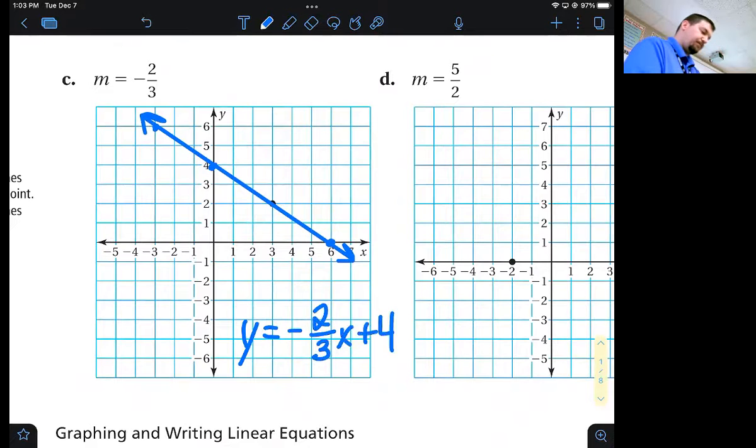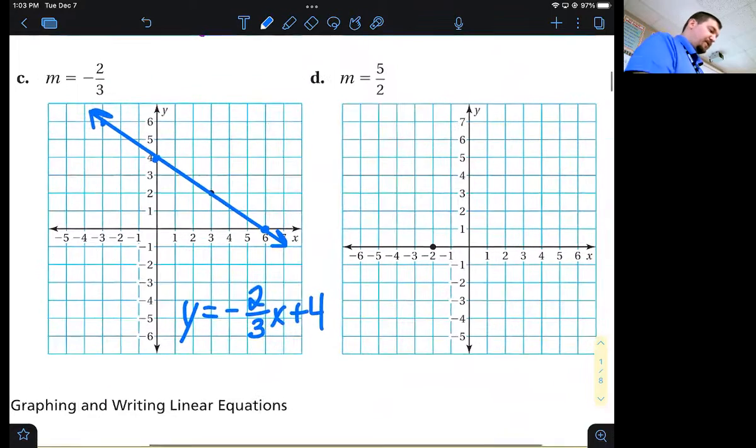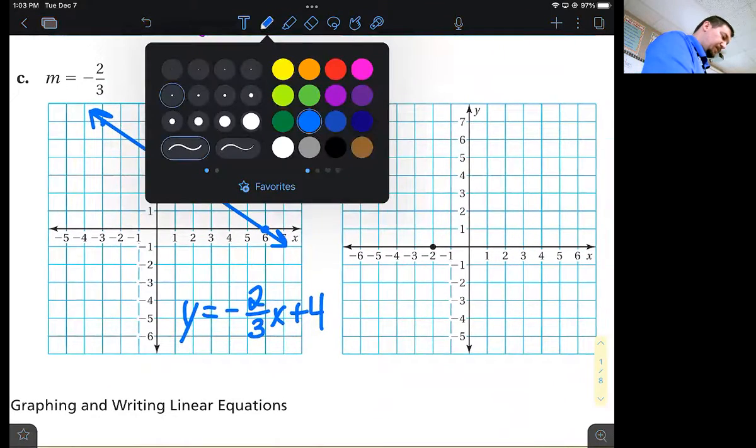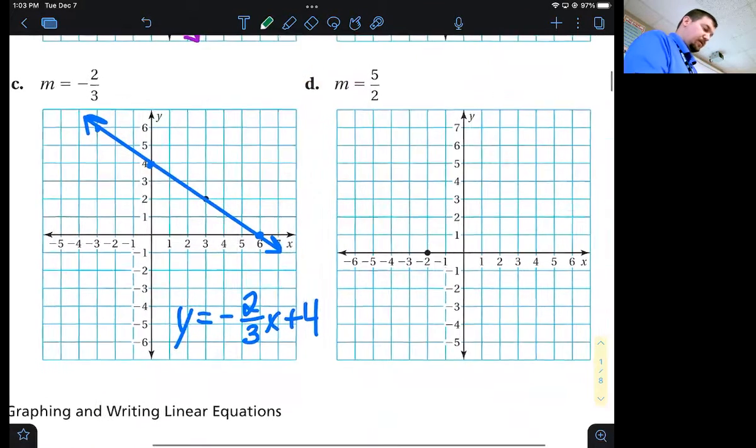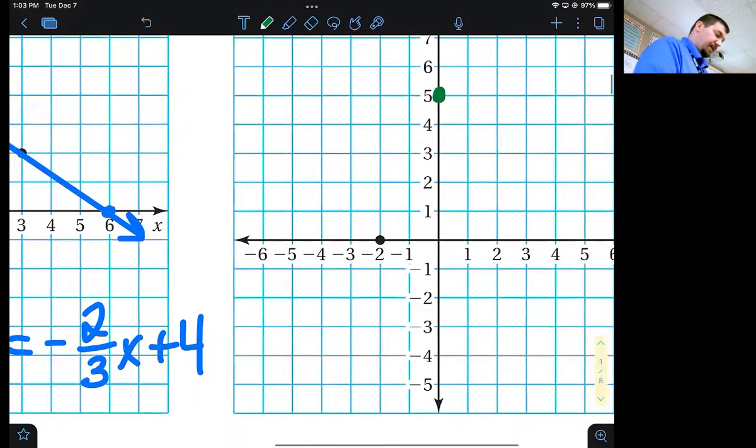Nice job. The y-intercept's 4. And then for D, our slope is 5/2. So we're going to rise 5 and run 2. You can also go down 5 and left 2.